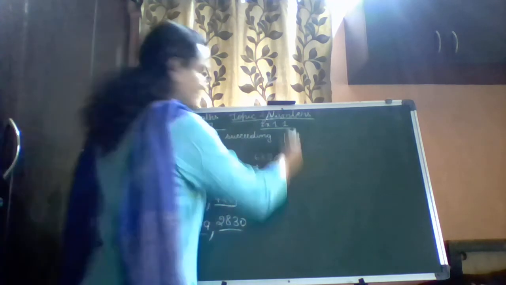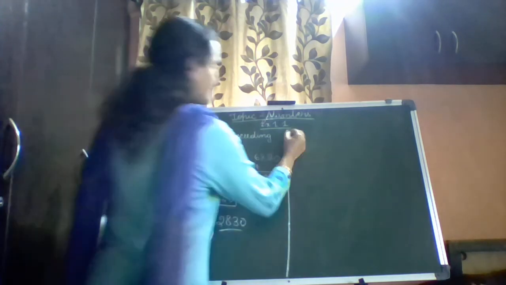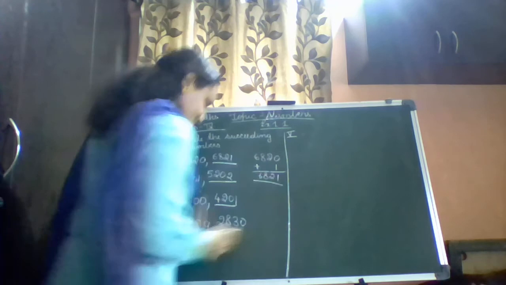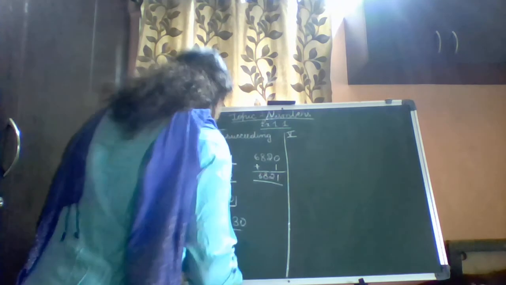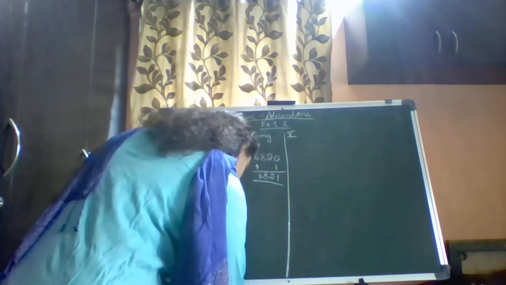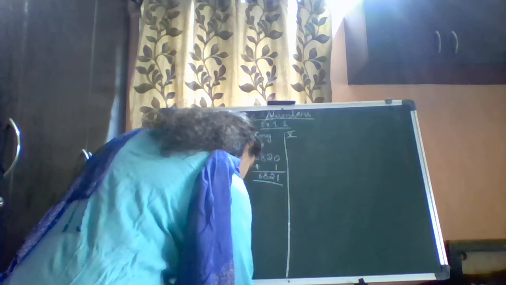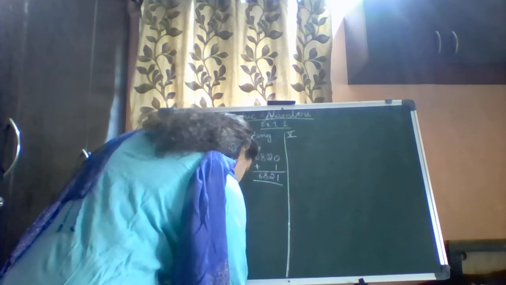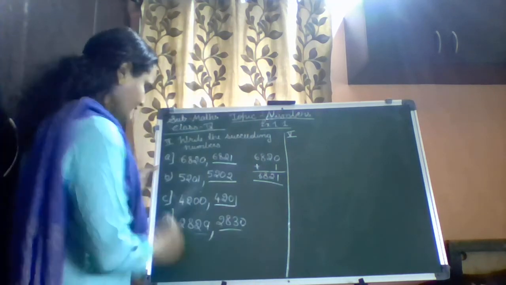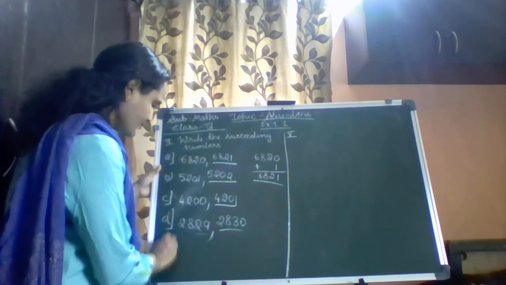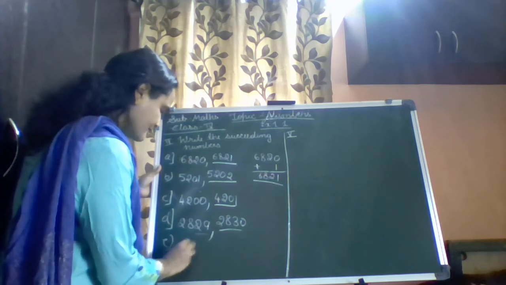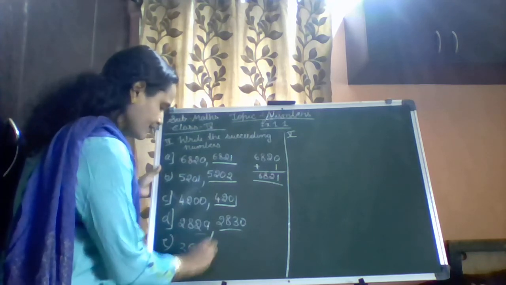Now we will write the next one, the fifth one. I'll do one more for the succeeding number. It is 3999.